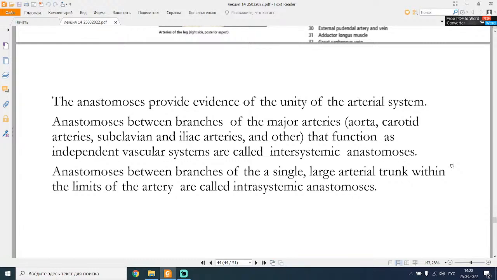Anastomoses between branches of the major arteries, aorta, carotid arteries, subclavian and iliac arteries, that function as independent vascular systems, are called intersystemic anastomoses. Anastomoses between branches of a single large arterial trunk within the limits of the artery are called intrasystemic anastomoses.